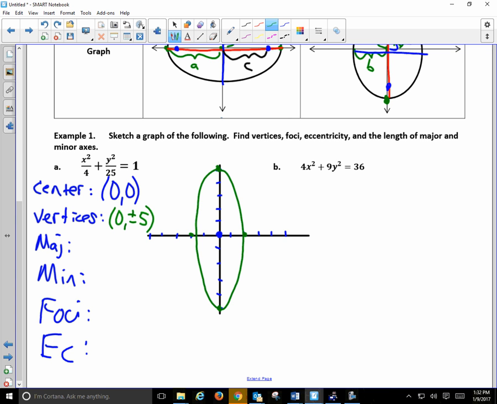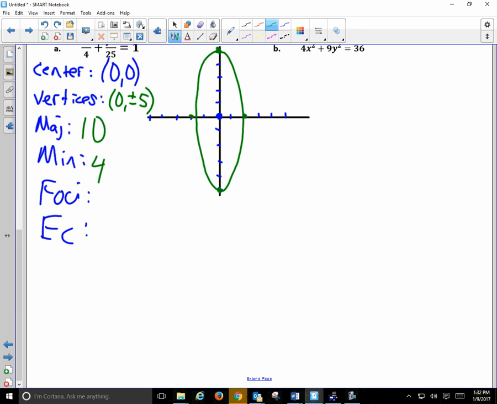All right. Length of the major axis. 10. Very good. Minor axis. 4. Foci and eccentricity. I have to find C. How do I find C? What is a squared? 25 minus b squared, 4, is equal to c squared.